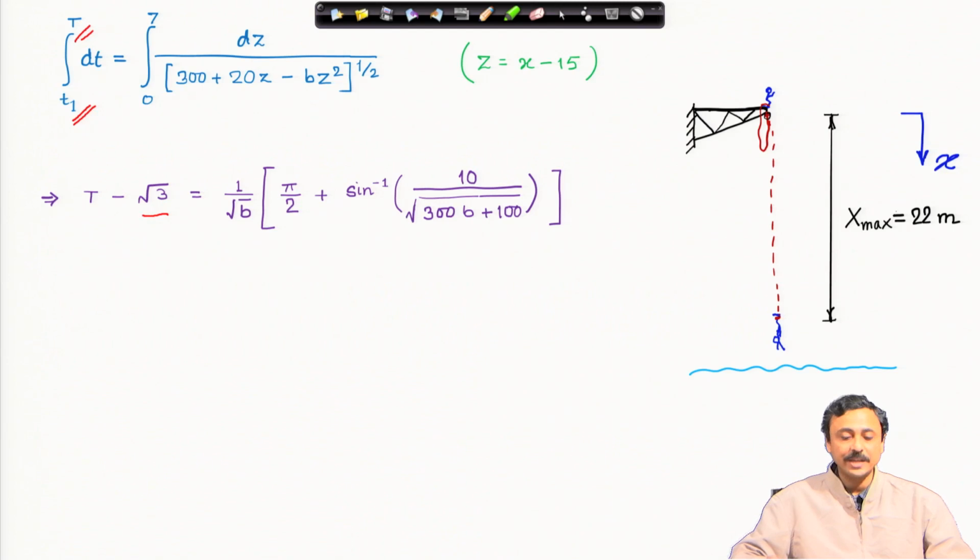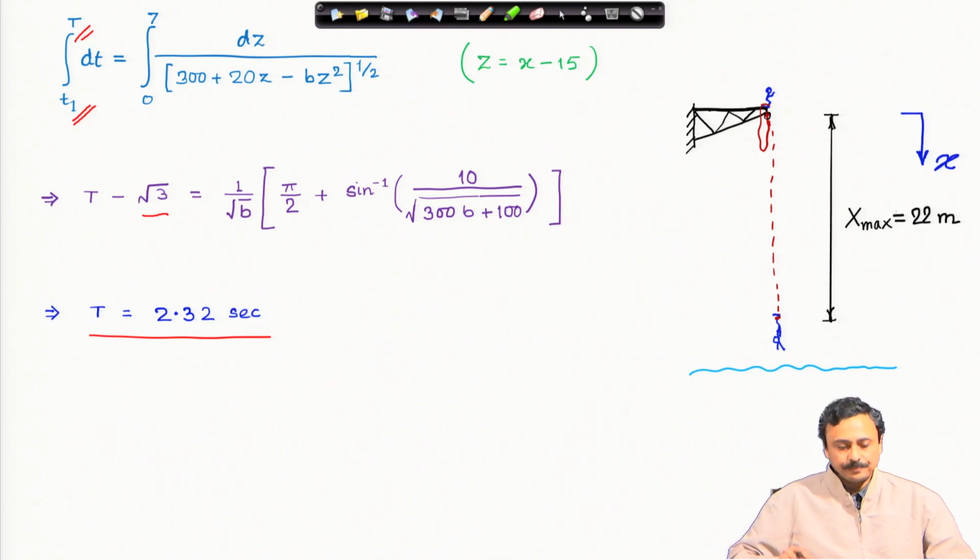So, z remember is x minus 15. So, there is a drop of 7 meters beyond the free fall. So, from here you get T as 2.32 seconds. I will suggest that you redo this problem yourself and match with the results.